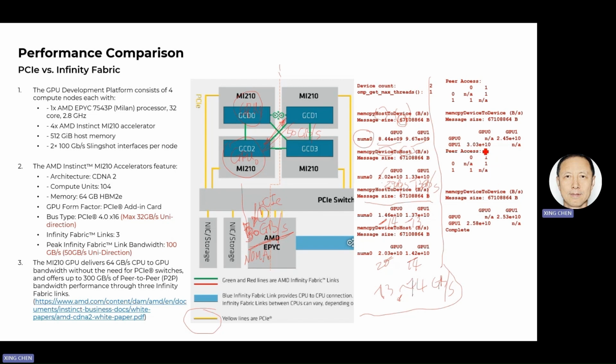What we can see is that between the two GPUs, from GPU 0 to GPU 1 and GPU 1 to 0, what you have is 30 gigabytes per second, and this one is 24.5 gigabytes per second. And then the video has been cut.